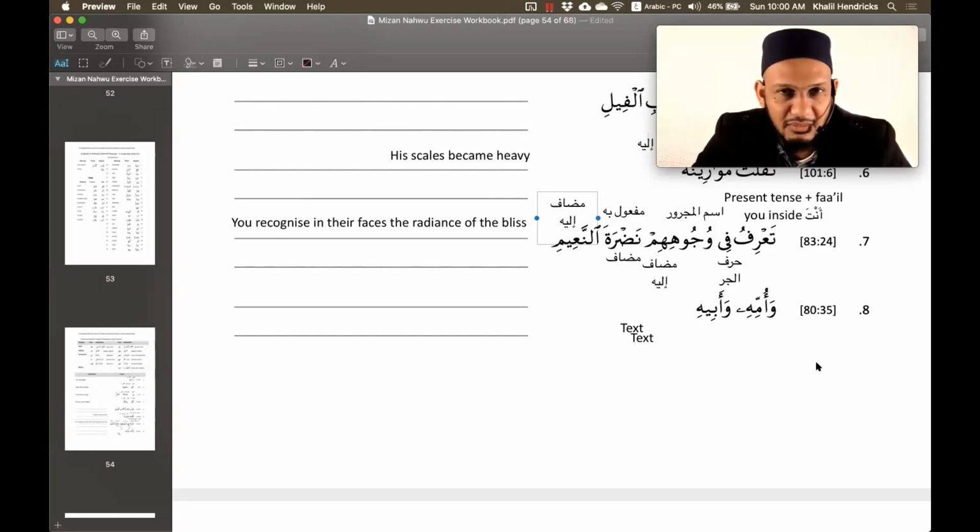In fact, most native Arab speakers wouldn't be able to do that. If you ask most native Arab speakers who haven't attained university education to put the label on ta'rifu fi wujuhihim nadratan na'im, they probably wouldn't be able to do that, because for them the rules are already built in.